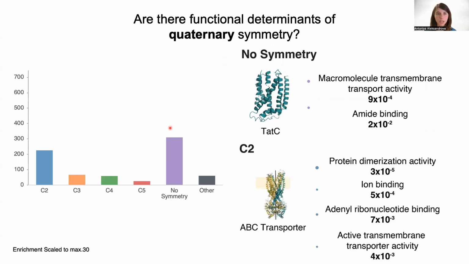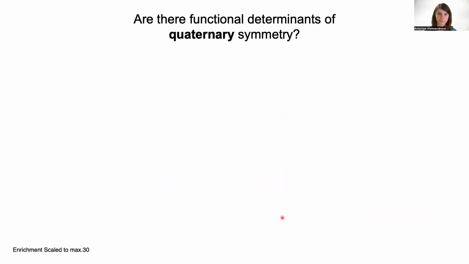The C2 symmetry complexes in this group make up about a third of our data set and show modest enrichment of ion binding, adenyl-ribonucleotide binding, and active transmembrane transporter activity. Most proteins in this group have a binding site or pathway at the repeat interfaces. And this is the case for the ABC transporter example shown here, which uses the energy of ATP binding and hydrolysis to translocate substrates across the membrane.